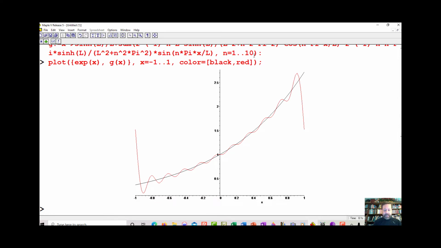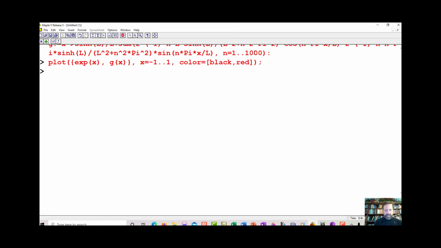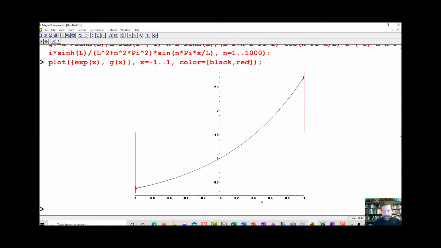If we increase from 10 to, say, 20 in the approximation, it looks even better until we get close to the ends where we have the Gibbs phenomenon. Going to 100, those look very tight. You can tell that this is a very good approximation when we use n equals 100, and at 1,000 it's incredibly close.